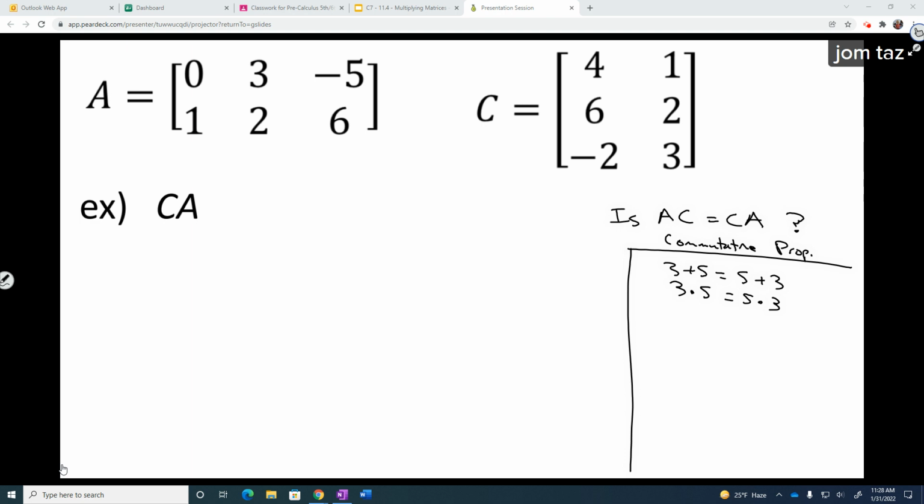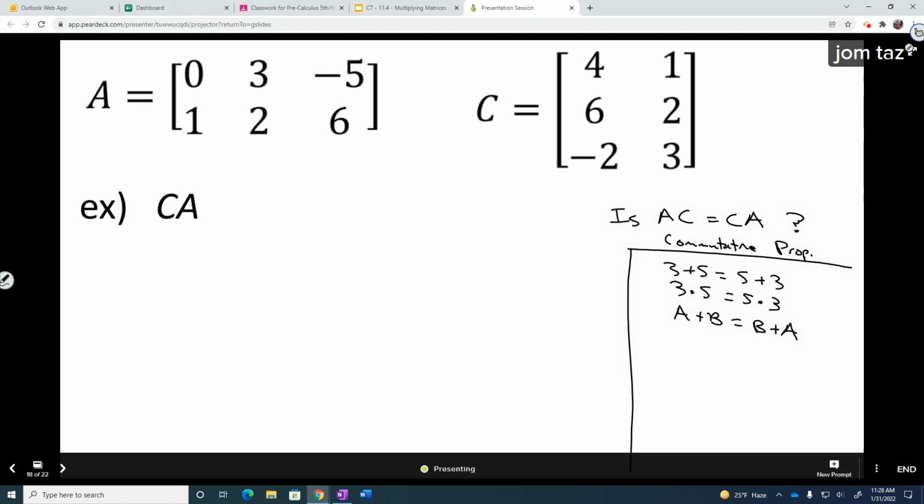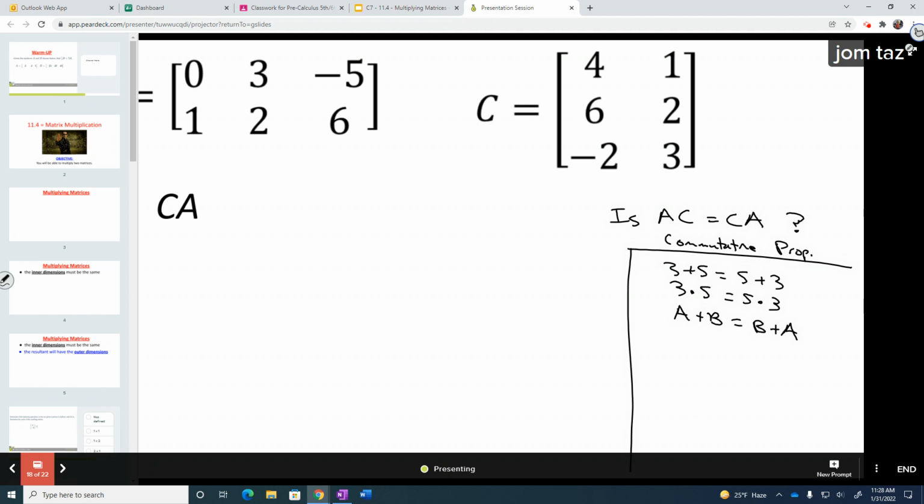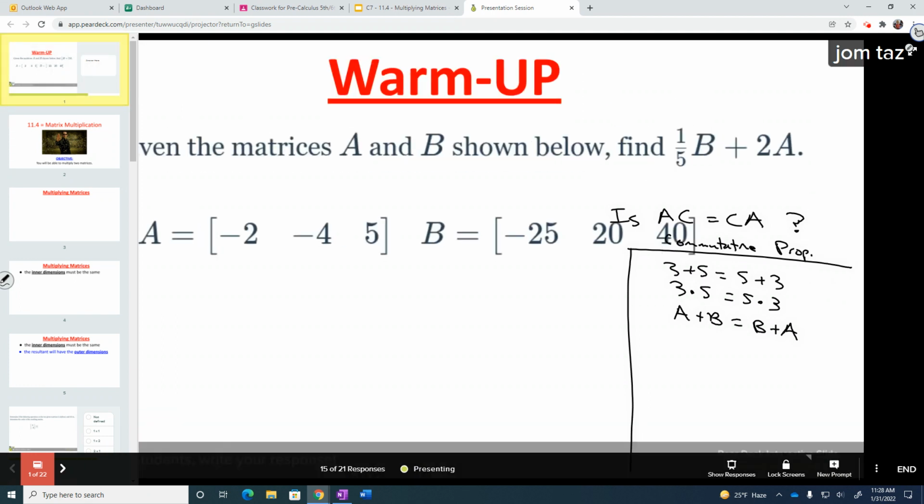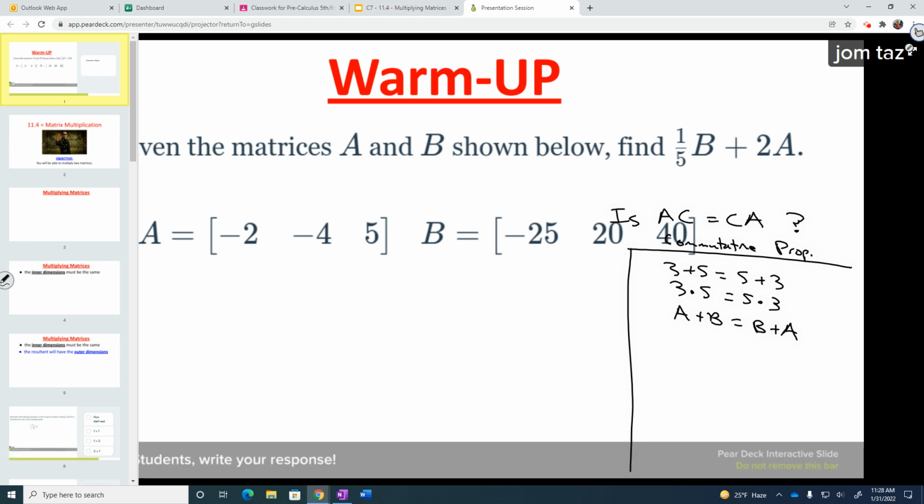Now with matrices, it seems like this would work, right? It seems like A plus B does equal B plus A. We're adding them. If you were to look at the original example, it wouldn't have mattered the order that we added these. If we had switched the spots, we would get the same answer when we add them.